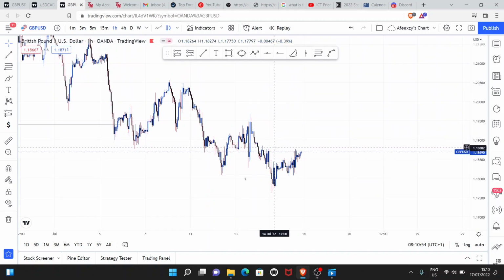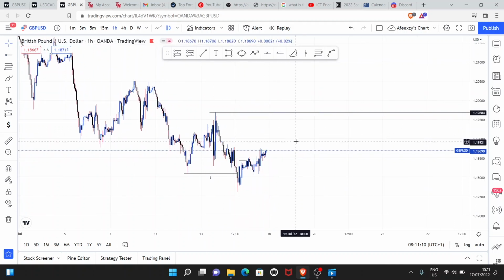Next week I'll be watching this point, this zone. I'll be watching this zone next week. Yeah, mainly I'll be watching that zone.